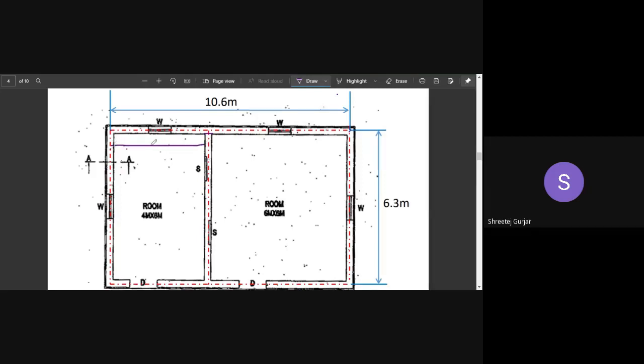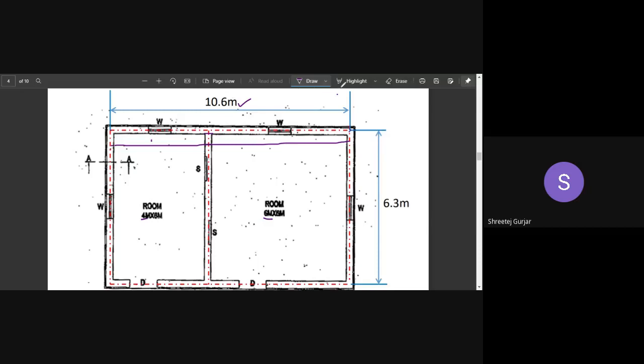So 0.15 plus 4 meters plus the entire wall thickness, that is 0.3, plus the in room distance, that is 6 meters, then half of the wall thickness, that is 0.15. If you add 0.15 plus 4 plus 0.3 plus 6 plus 0.15, we get the center line length of your long wall as 10.6 meters.